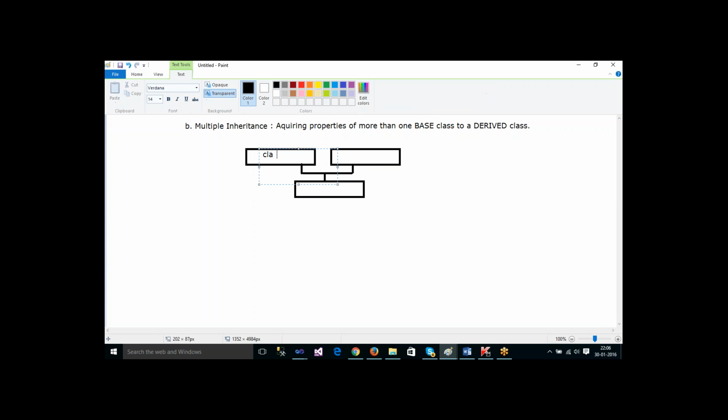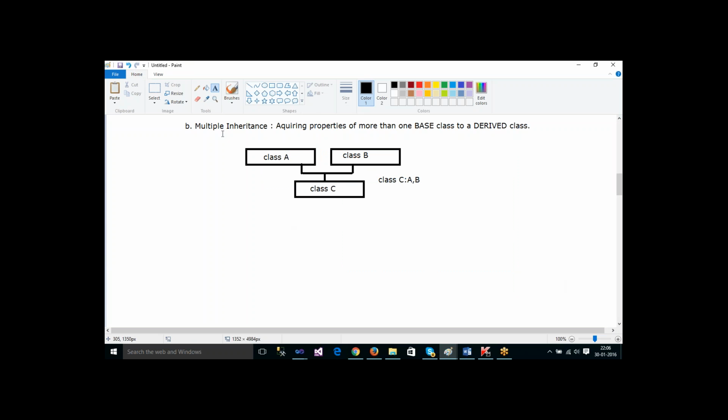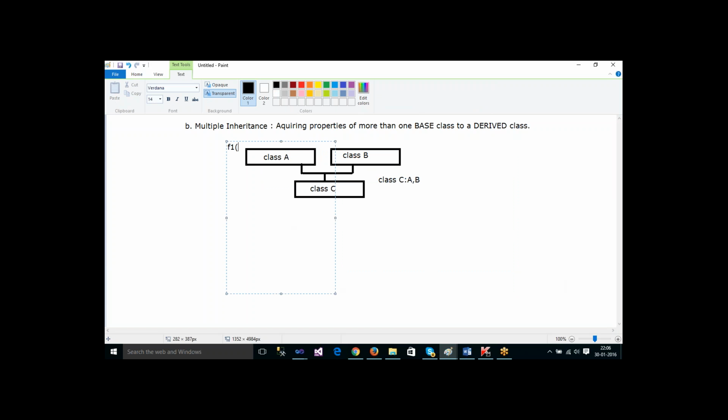If class A is here and class B is here, and you are going to inherit in class C, how do you inherit? Class C colon A comma B. Now remember, there is an issue with multiple inheritance. If class A contains an F1 method, class B may also contain an F1 method.